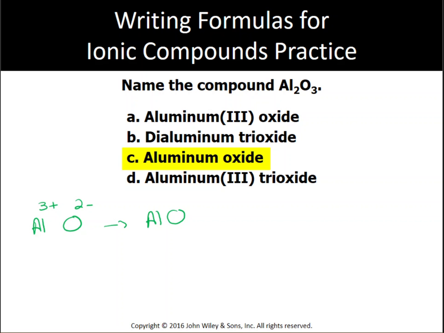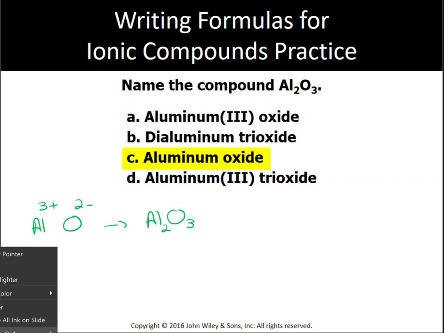Now, the next step is balancing the charge. Remember, when it's not too easy to tell, we're just going to swap the charges. So oxygen is negative 2. I'm going to give the subscript of 2 to aluminum, and then 3 to oxygen. Now, before moving on, we want to double check and make sure that we got this right.